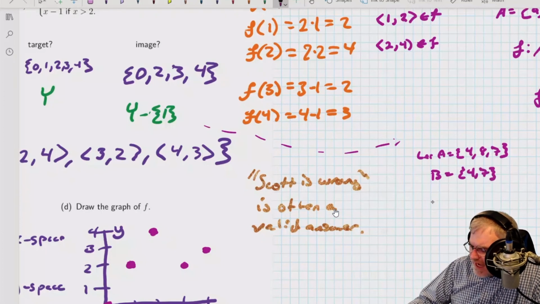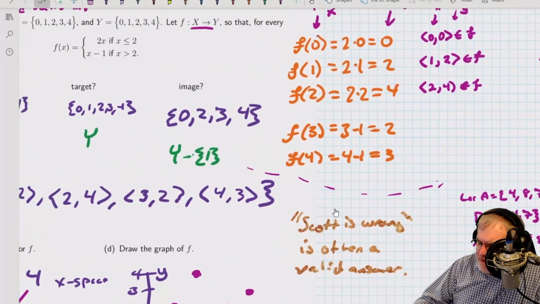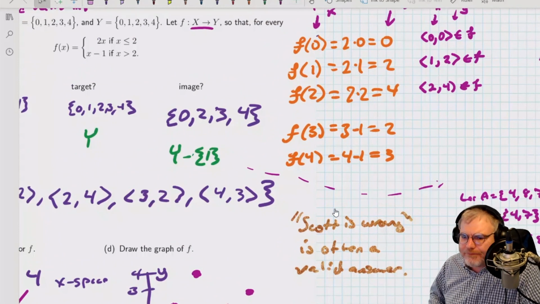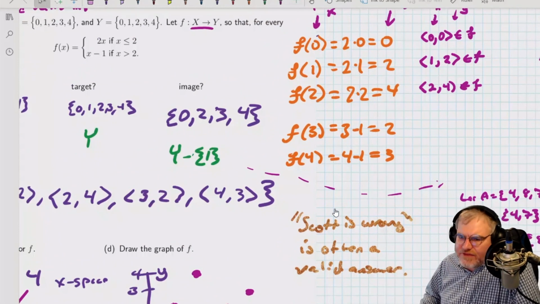So the set A minus B: 4 is in this one, but also in this one, so I take it out. 7 is in both. I've only got one thing in A that is not in B. So this was the set {0, 1, 2, 3, 4} minus the singleton {1}, as set notation. That's just another way of saying it, right?